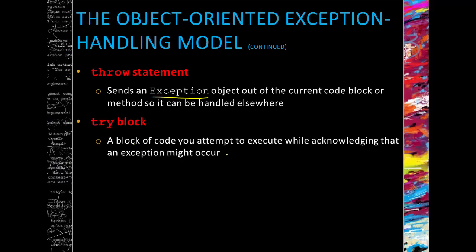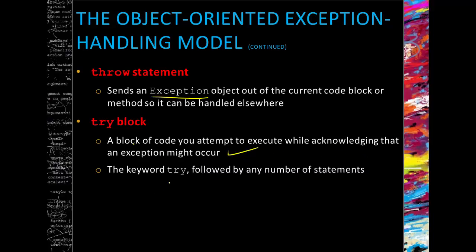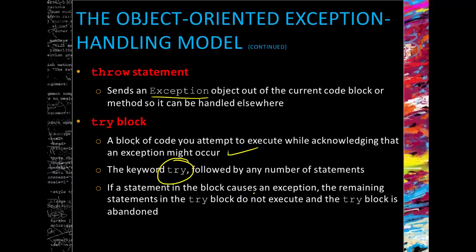So it's a block of code that you attempt to execute while acknowledging that an exception might actually occur. The keyword is try, followed by a number of statements. And if a statement in the block causes an exception, then the remaining statements in the try block do not actually execute, and the try block is abandoned.